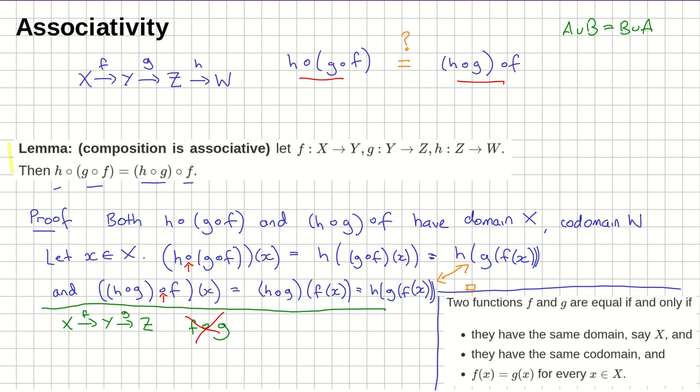And in fact, if you think about it, the only time when f composed with g and g composed with f could possibly be equal would be in the case where f and g both go from a set x to itself.